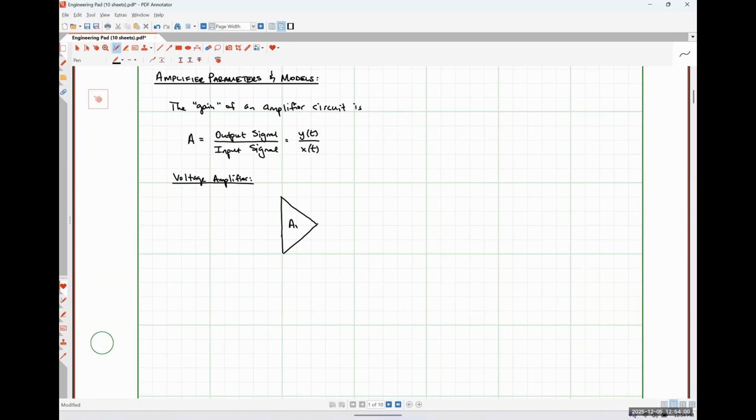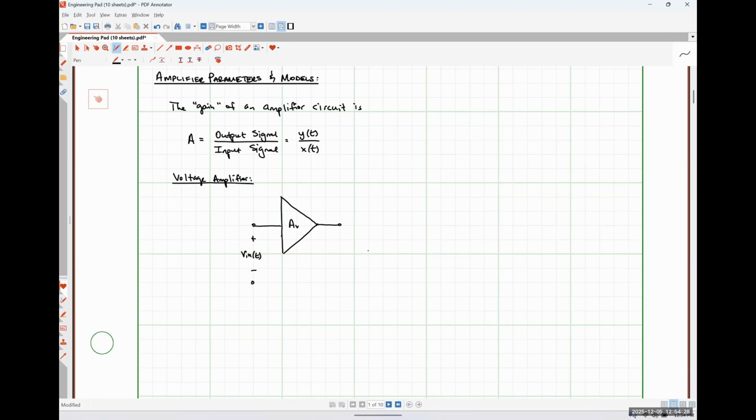I'm going to define this gain as A subscript V, and I'll talk about what that means in a moment. So over here on the left-hand side is going to be the input signal for our amplifier, Vin of t.